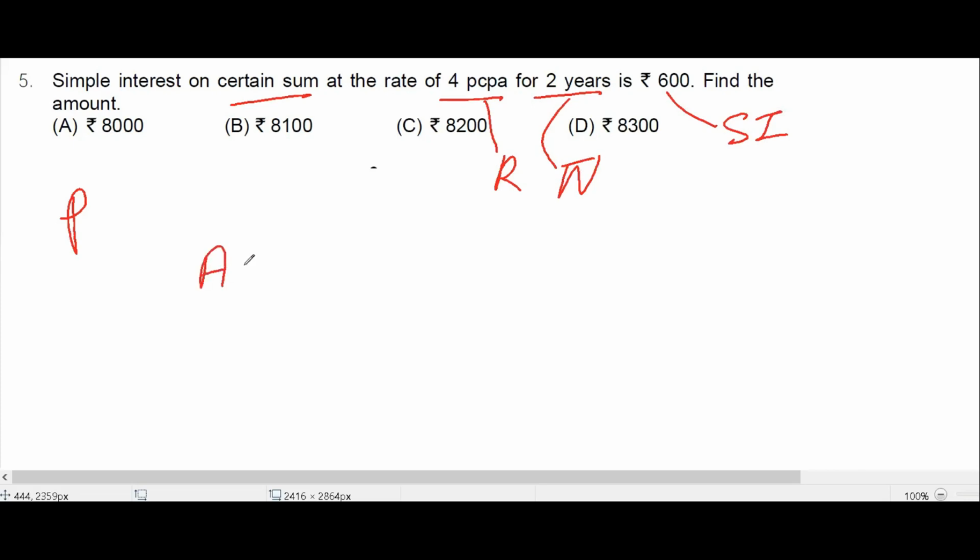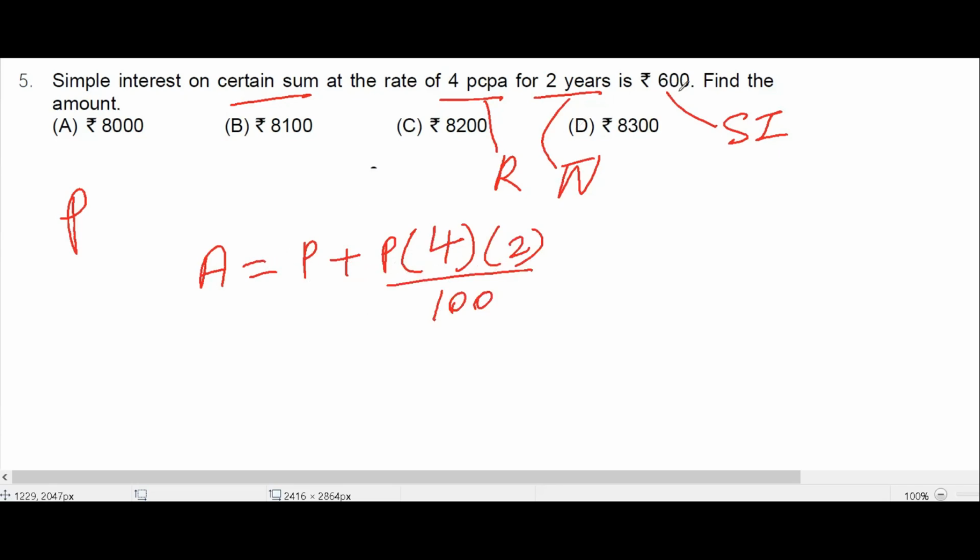So amount will be principal plus simple interest. R is 4%, T is your 2 years upon 100.